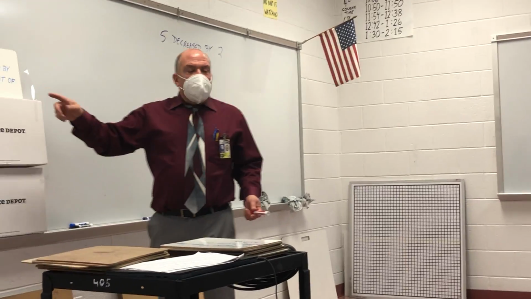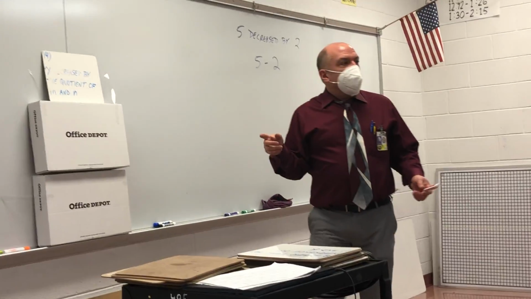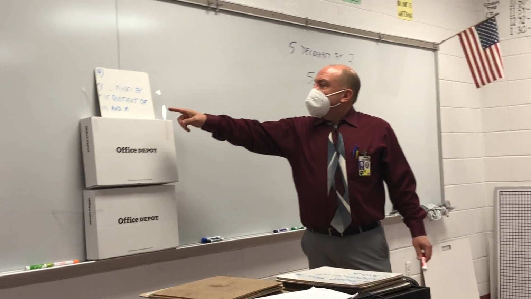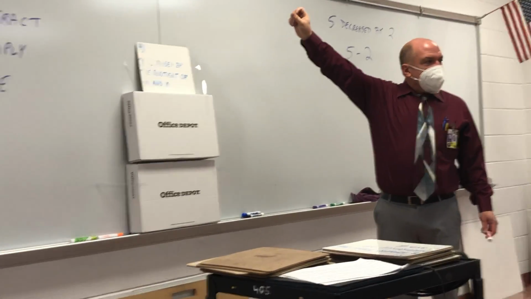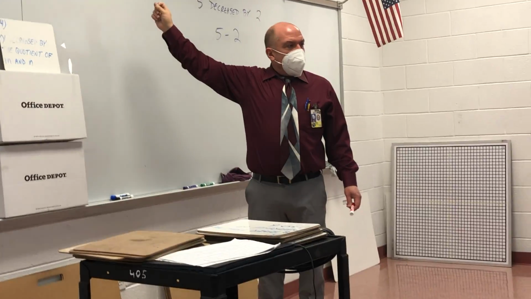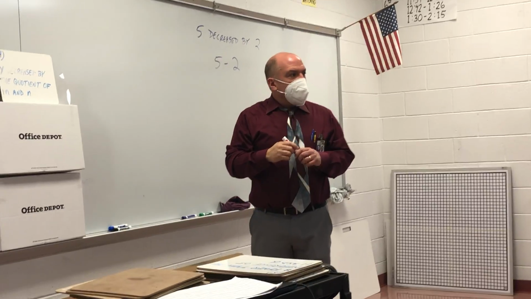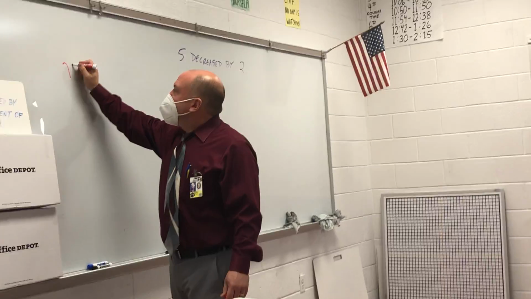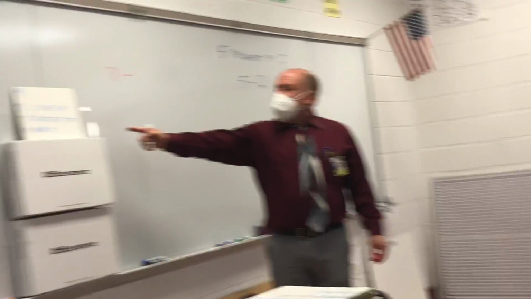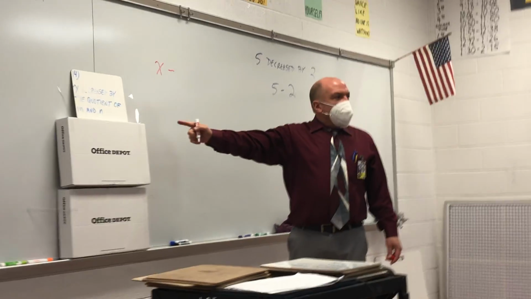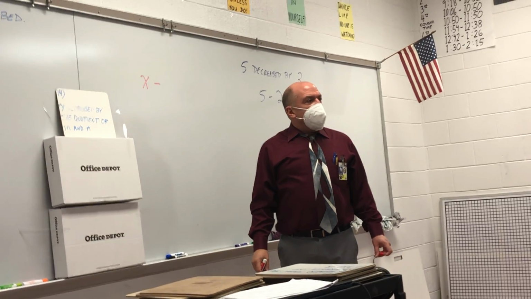X decreased by, what am I writing first? X decreased by, what do I write? X minus, right? The quotient of M and N, how do I write that, Tim?